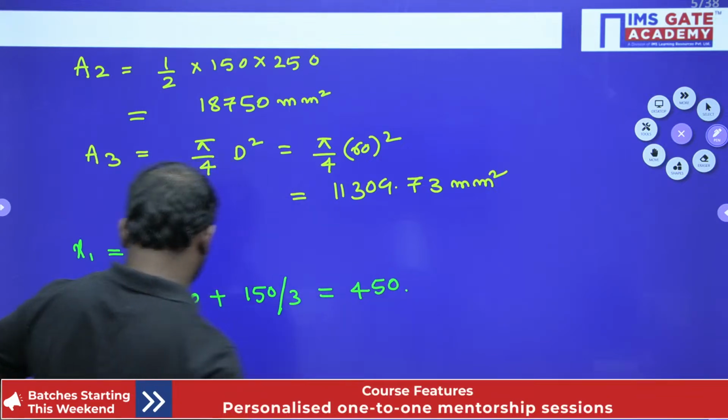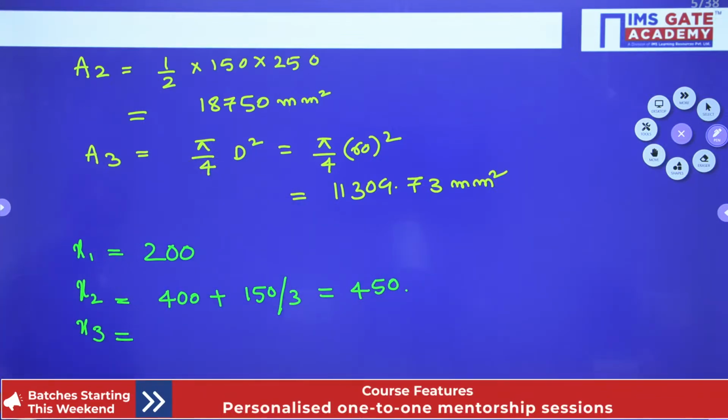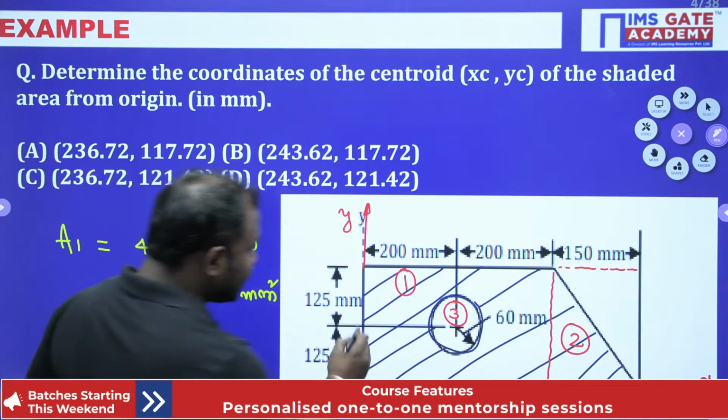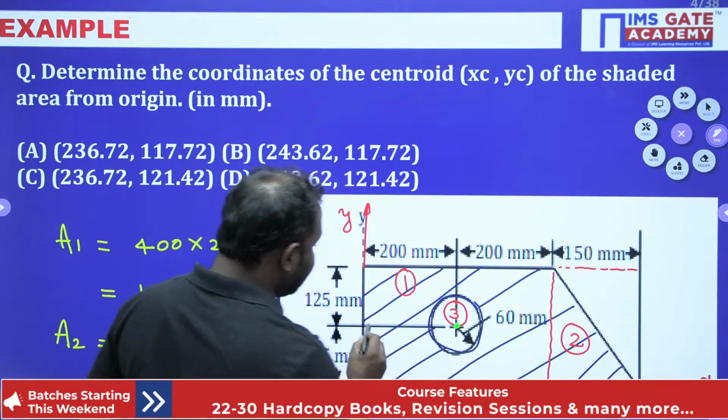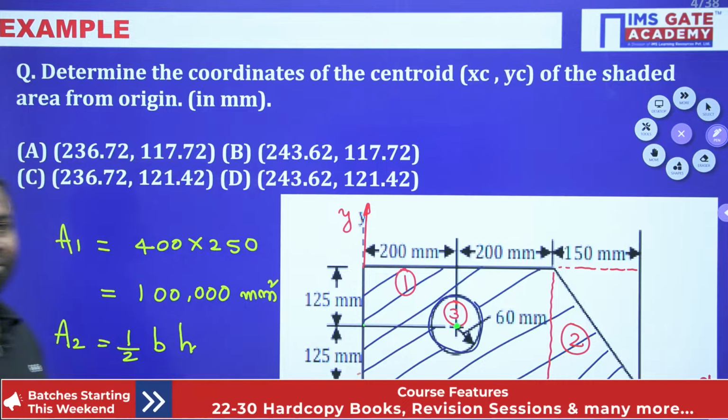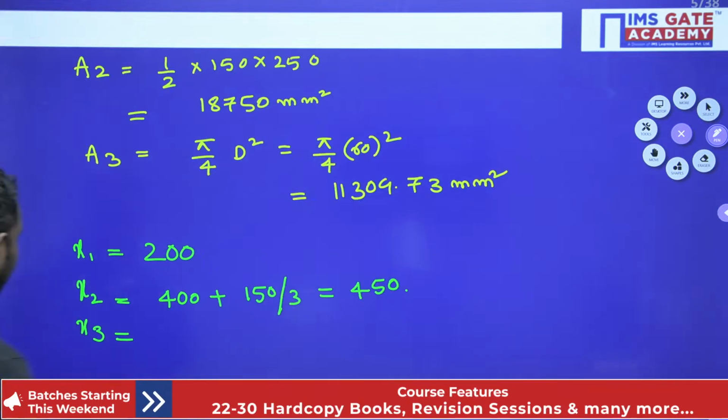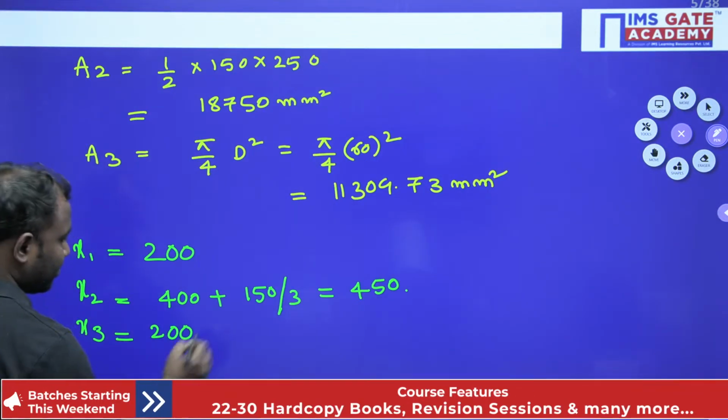Next, x3. Let us see where exactly the center is lying. From the axis it is 200 mm again, so x3 is 200 mm.